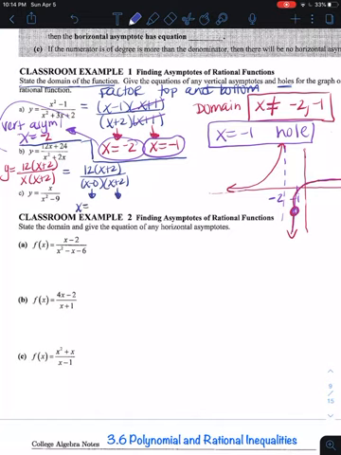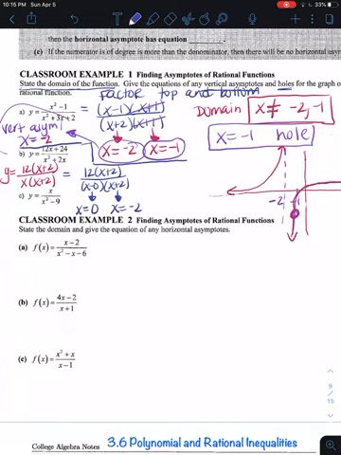The two numbers that make this denominator 0 are 0 and -2. I just need to be able to classify whether it's a vertical asymptote or a hole. So 0 and -2 are the two numbers excluded from your domain. Your domain would be x cannot equal 0 and -2.